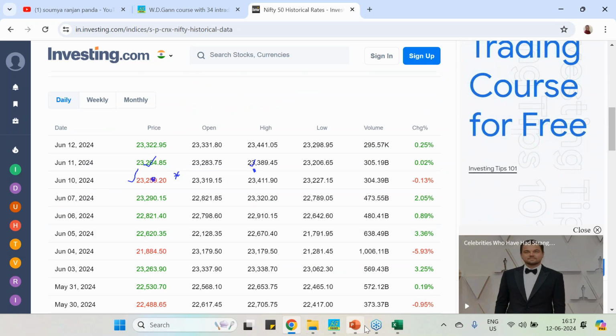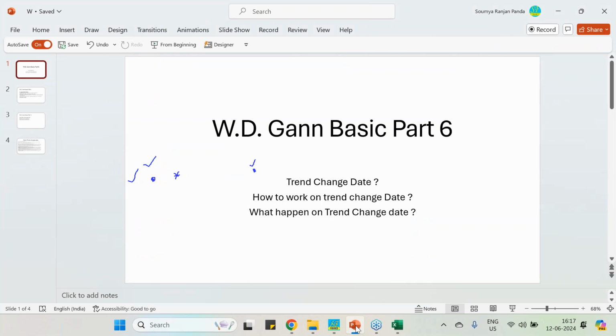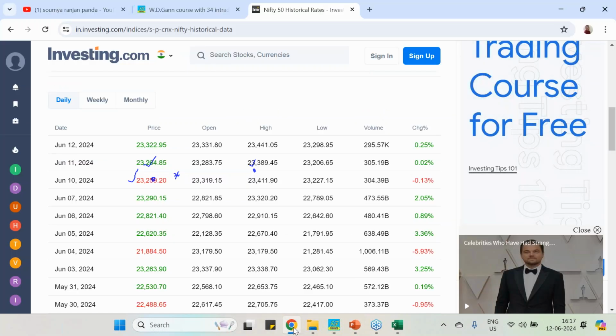So here we had a trend change date. As per the software, the low angle is saying 11th. 11th was yesterday. You can see the 10th was a positive day, and the 11th was a trend change date.